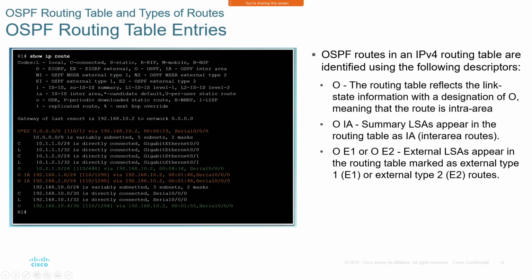If you guys remember the asterisk, what's the asterisk? The asterisk is actually telling us that a default route has been injected, has been distributed. So the O asterisk is telling us it's a default route being redistributed into OSPF. And the E is because it's an external route. It's coming from outside of the OSPF domain.